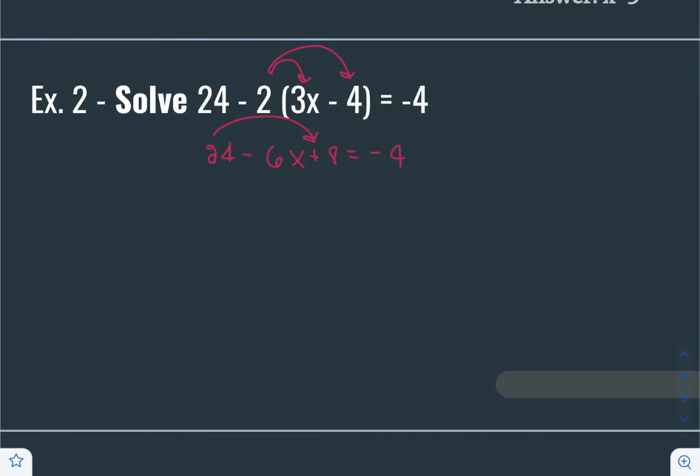So 24 and 8 would make 32. And we're going to carry down the rest. Then we're going to subtract 32 from both sides, which is going to result in negative 6x equals negative 36. And then we divide both sides by negative 6, and we're going to get x equals 6.